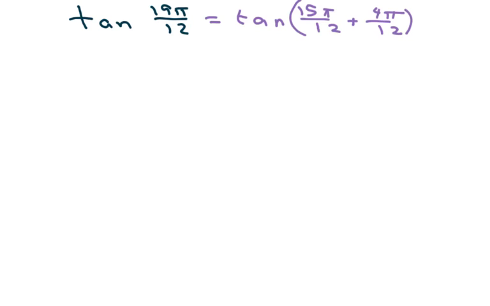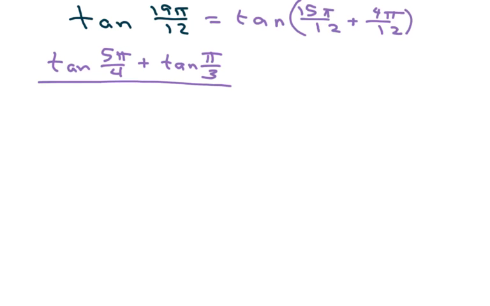So I'll write the formula out. Tan of 5 pi over 4 plus tan of pi over 3, and then you're going to have 1 minus these two multiplied: tan of 5 pi over 4 times tan of pi over 3.